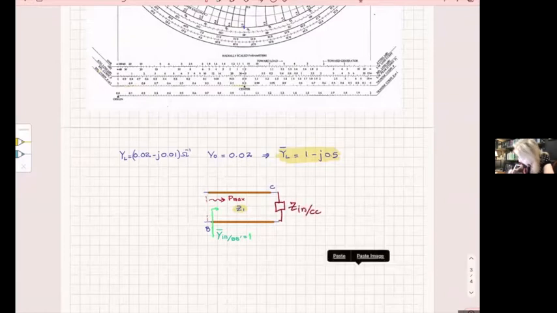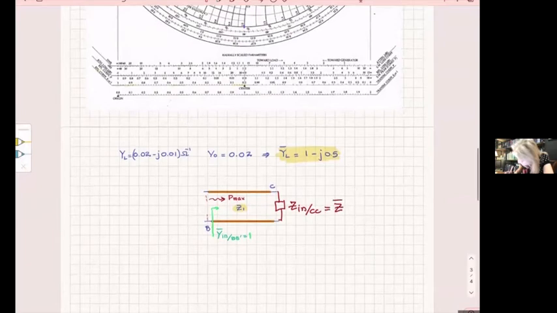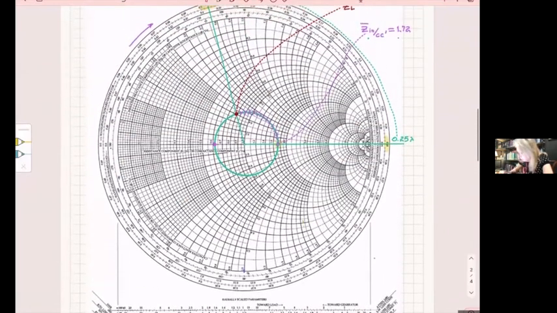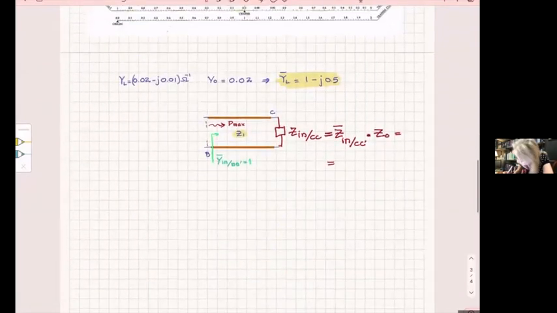If I denormalize it, it becomes the normalized value times the characteristic impedance I used to normalize it. And the characteristic impedance I used was Z naught, so it was 50 ohms. So if the denormalized value of this input impedance is 1.72, it's 1.72 times 50, and that is in ohms.